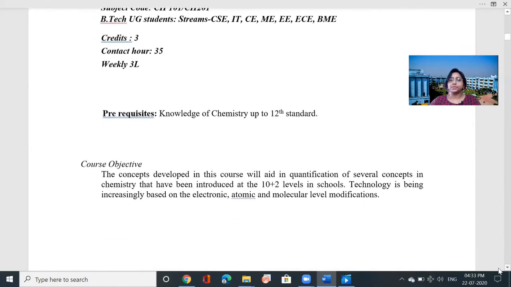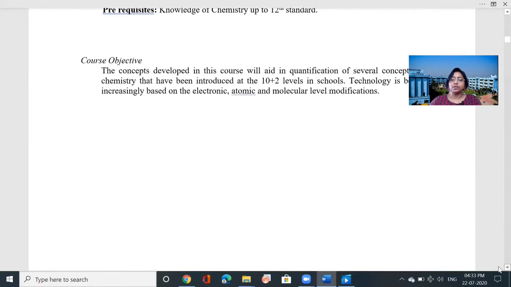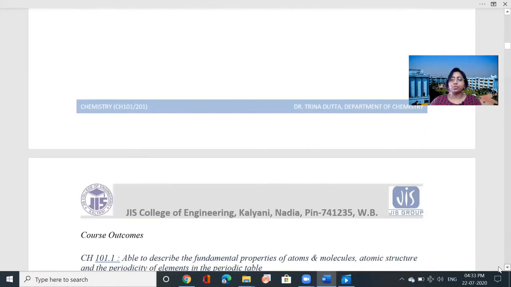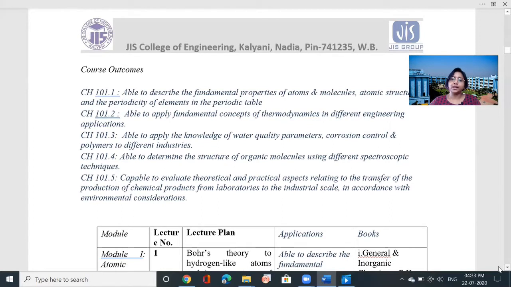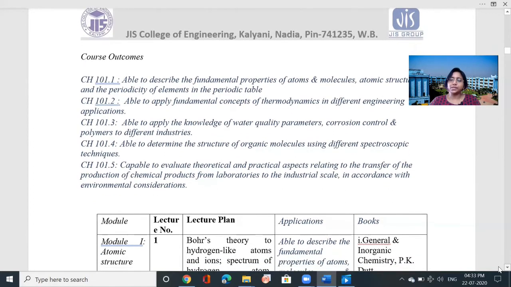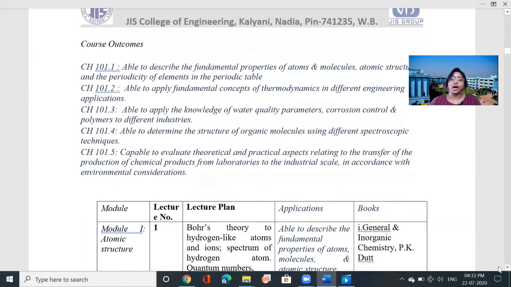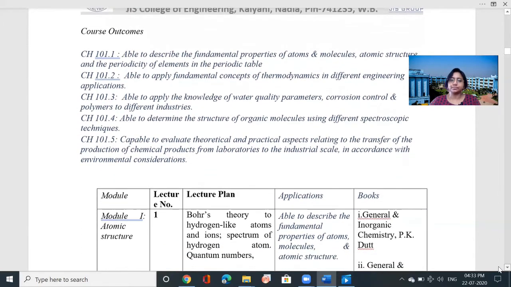The course objective is that students will learn different concepts of chemistry. In the course outcome, students will learn the stereochemical representation of different molecules, and how, based on stereochemistry, the physical and biological properties differ, and also how the reaction takes place.